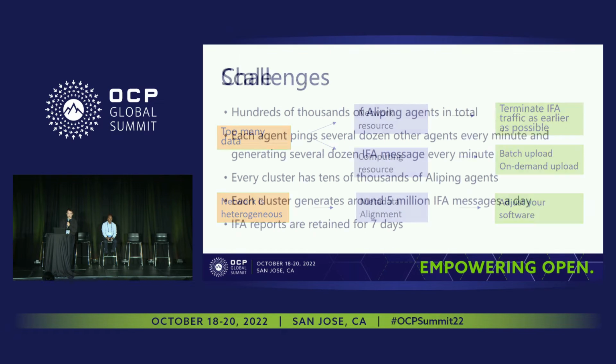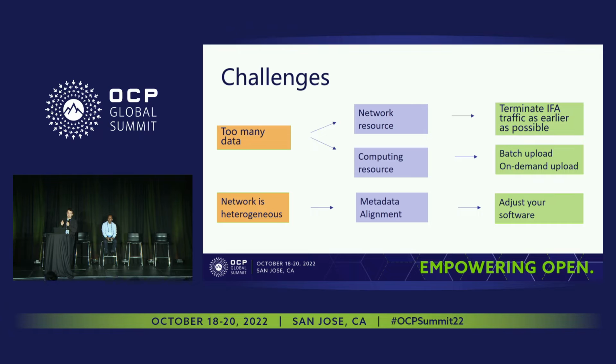So that's the scale. The challenges: the first is too much data. As I mentioned earlier, basically every single ping generates one IFA message. That means you double your monitoring traffic.